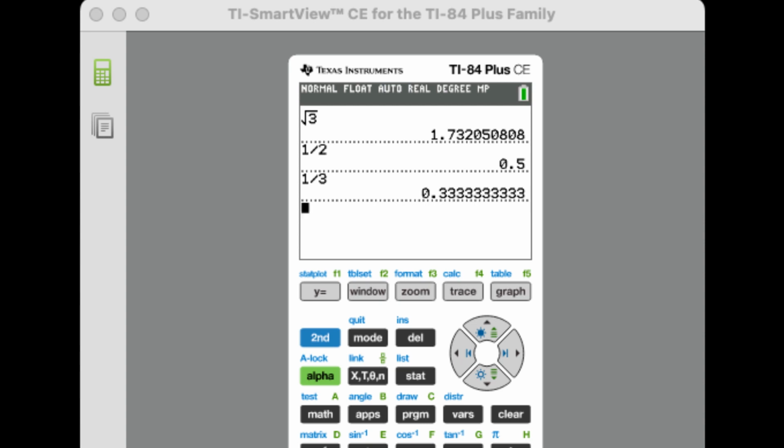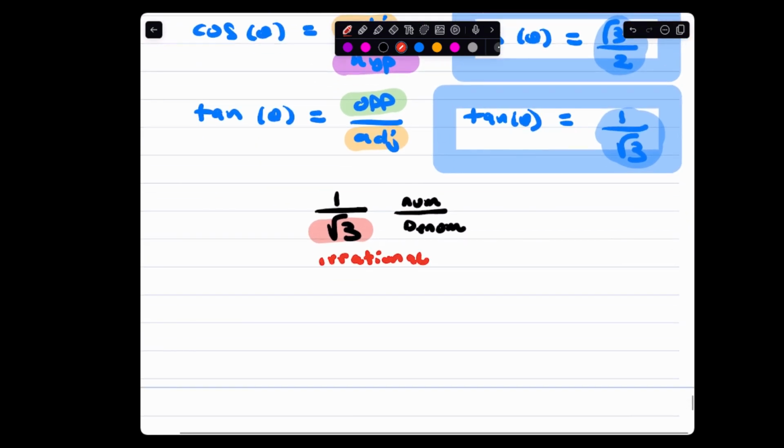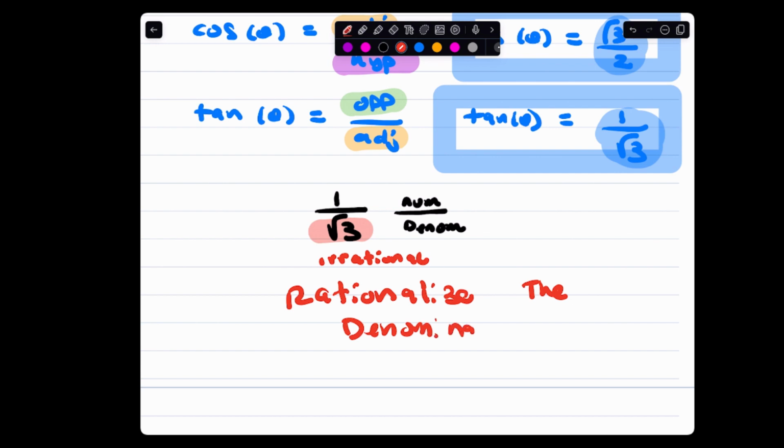Now, there is a topic in algebra known as what? Do you guys remember? Because really, you always want to do what? Rationalize your what? The denominator. And in Algebra 2, there is definitely a topic known as what? Rationalizing your denominator.